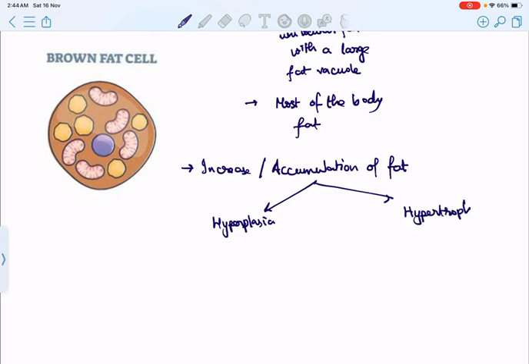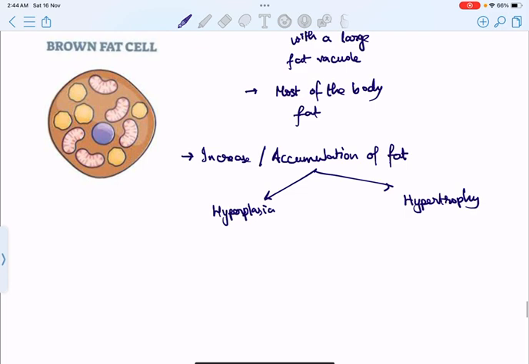So what is hyperplasia? Hyperplasia is increase in number of adipocytes. Here we are mainly referring to the fat increase, right? Hyperplasia means increase in any type of cells.